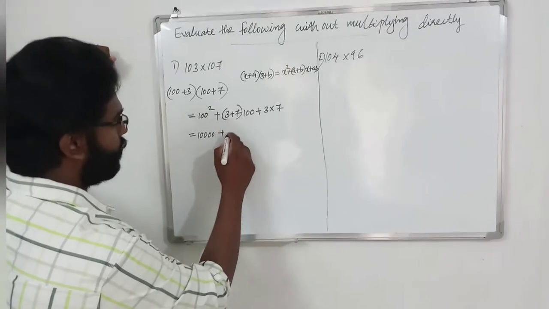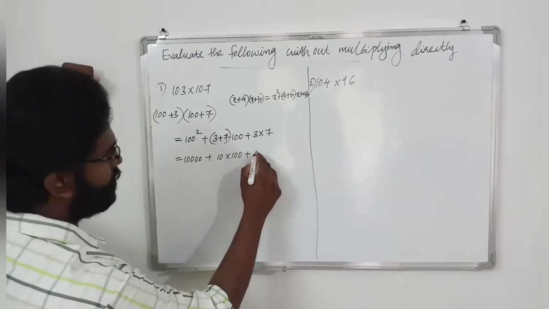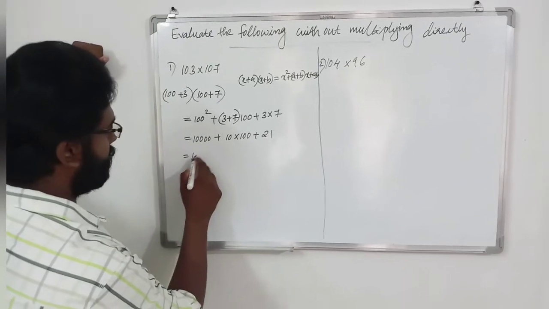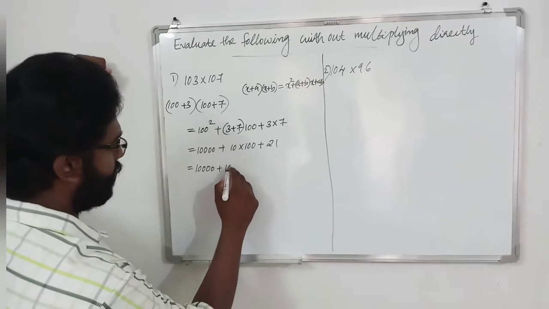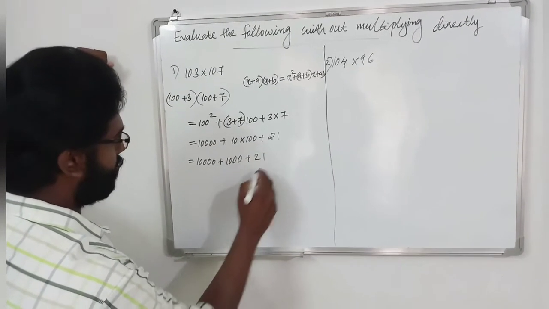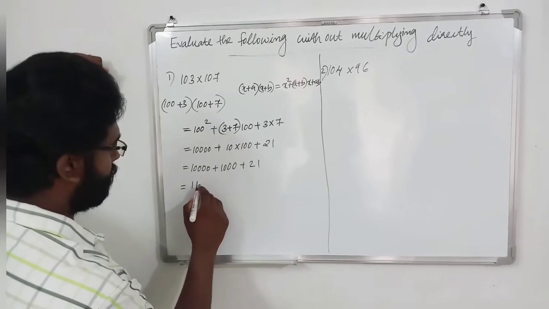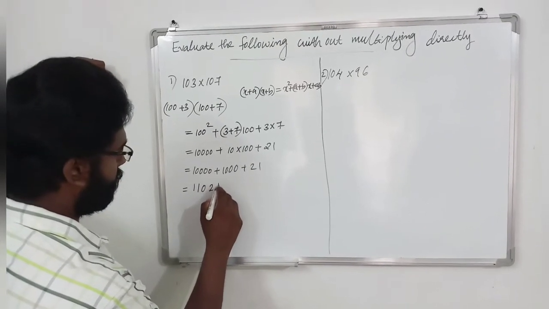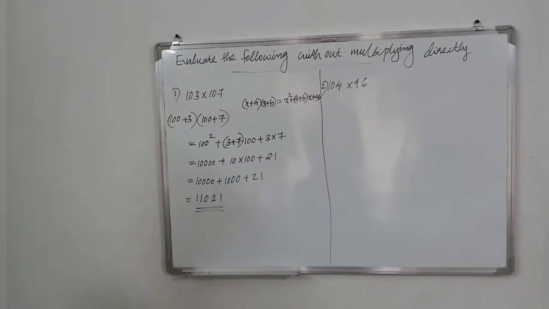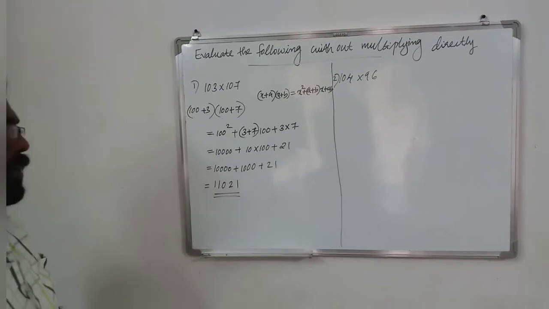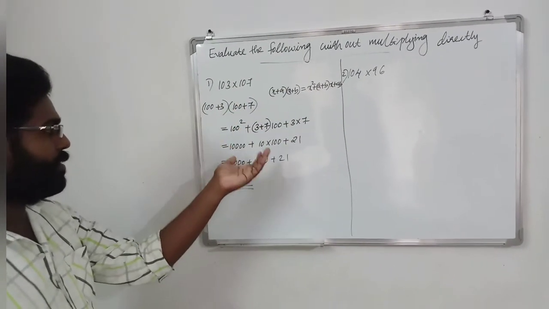Next, 3 plus 7 is 10, 10 into 100 is 1000, and 3 into 7 is 21. That is 10,000 plus 1000 plus 21. So the answer is 11,021. When you multiply directly, it takes so long, but by using our identity, we can get it easier.